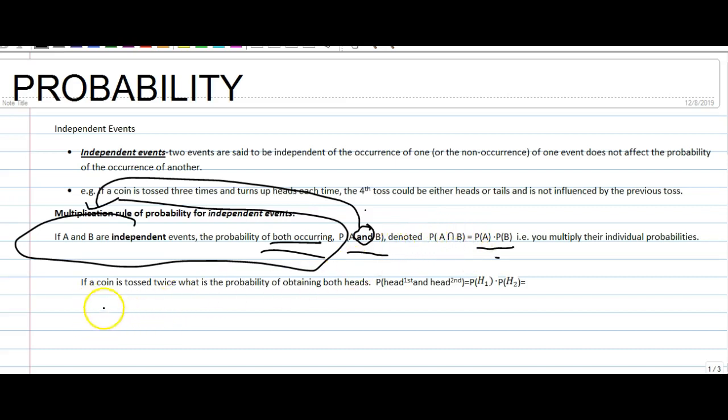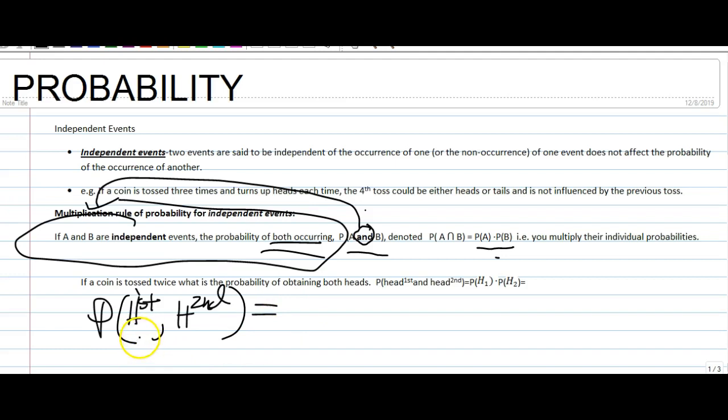For example, a coin is tossed twice. What is the probability that you get heads on the first toss and heads on the second toss? Now again, what I get on the first toss doesn't affect the probability of what is obtained on the second toss. So what I do is determine each of their probabilities separately.